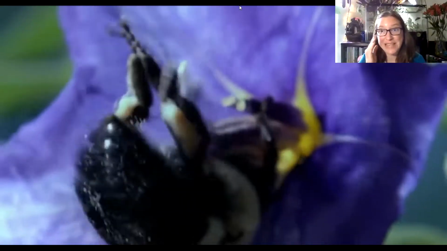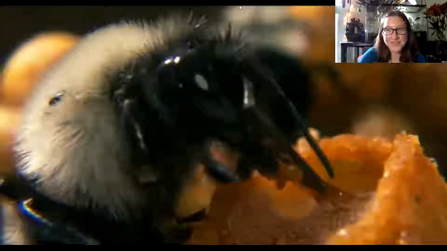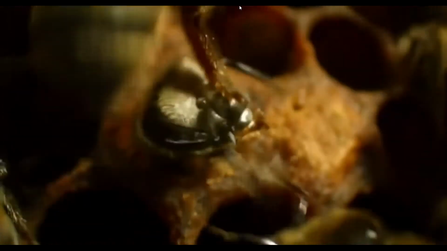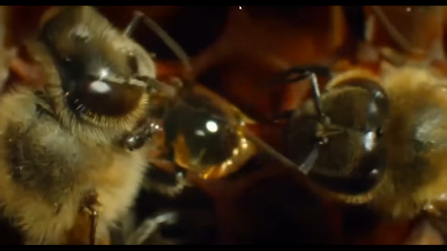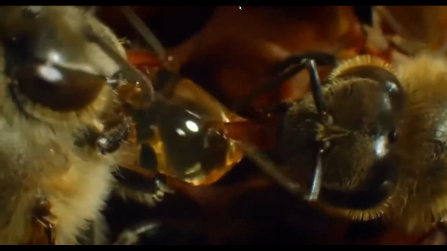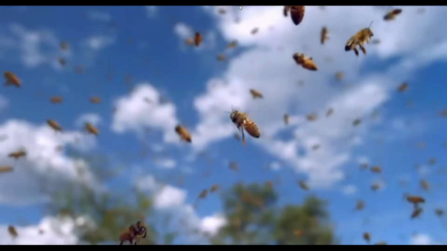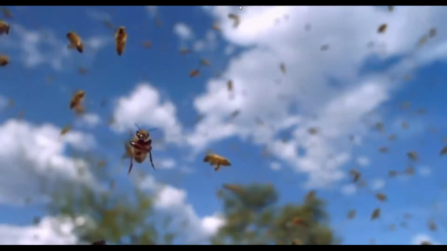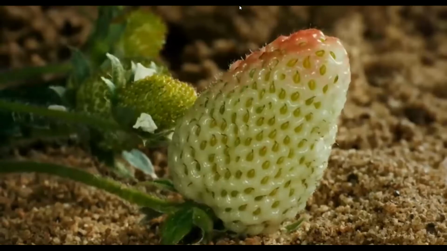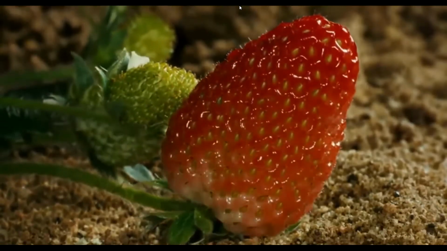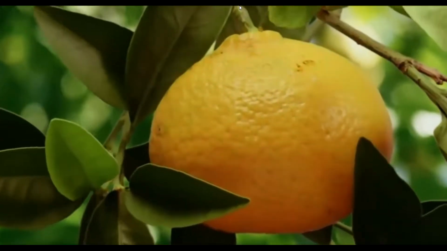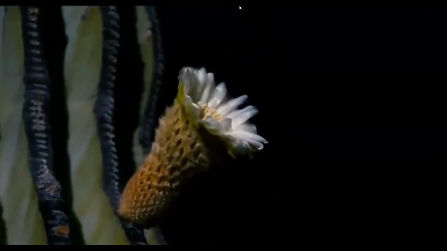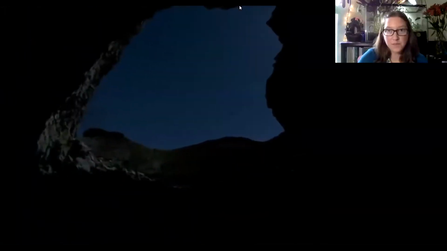Those little green things are actually bees, believe it or not. Oh, this part's super cool.